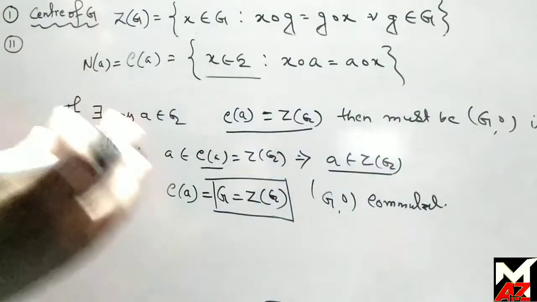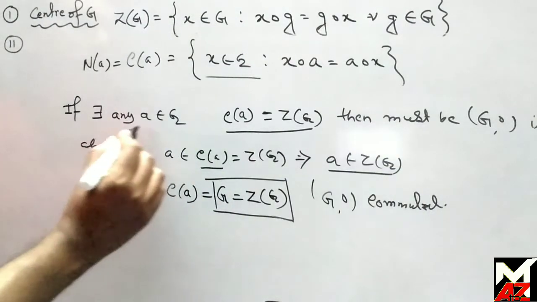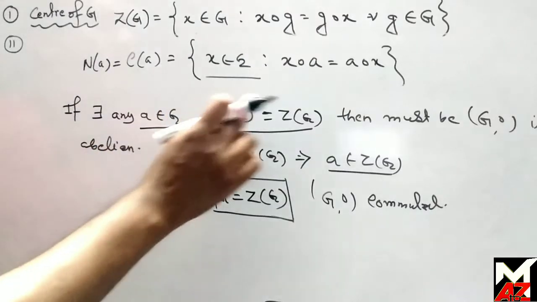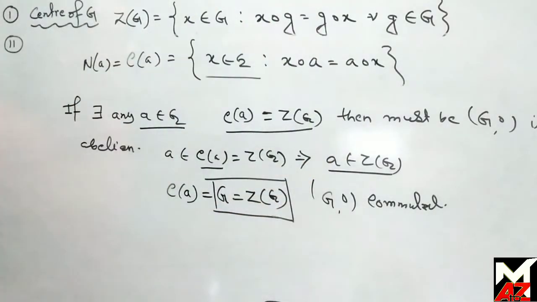So we prove the result that if for any A belongs to G, C of A equal to Z of G, then G must be commutative.